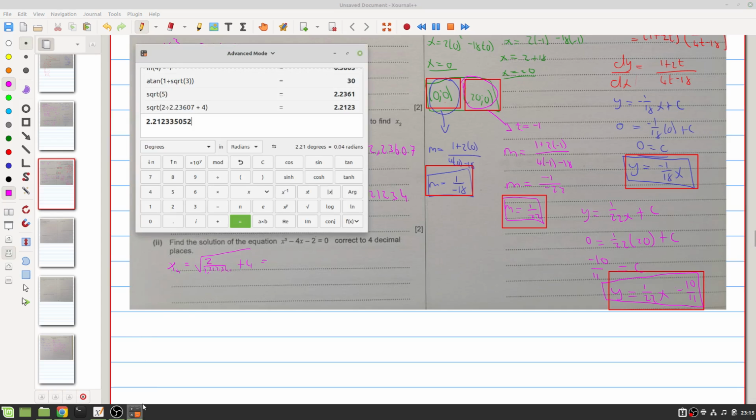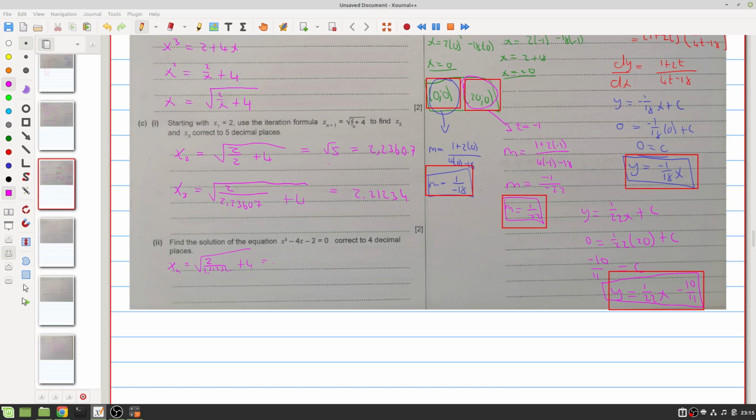Now we replace this with 2.21234, and that gives us 2.21450.